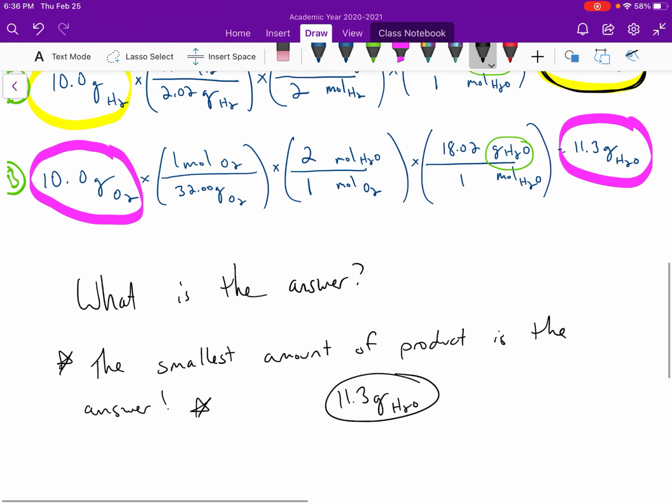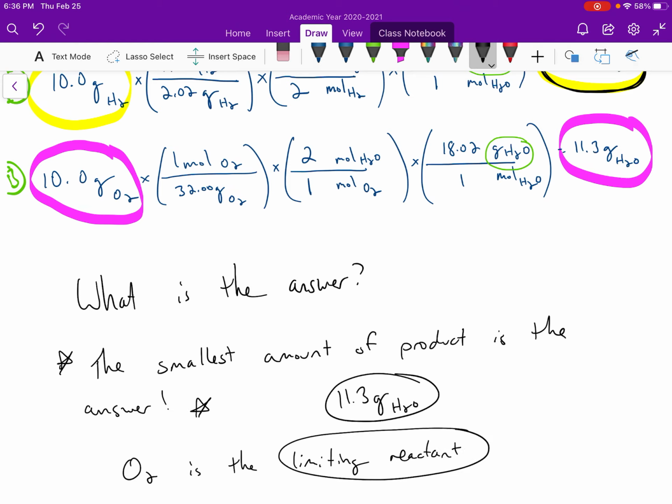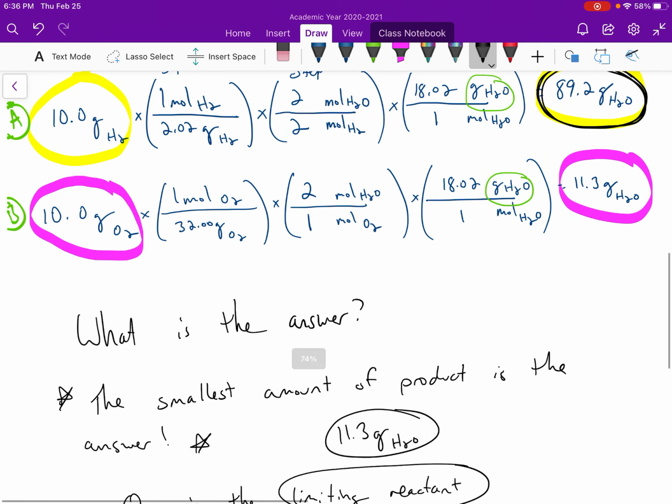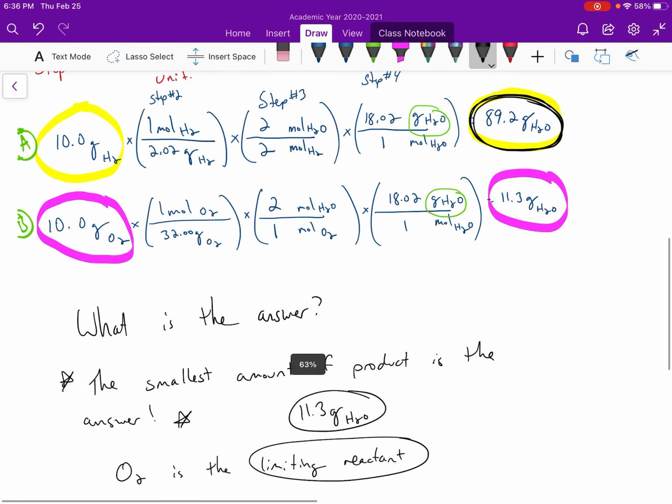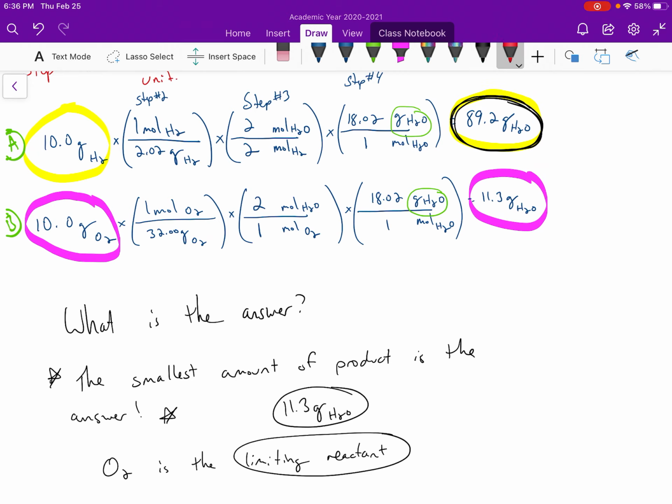And so what we do is we would say that oxygen is the limiting reactant. Oxygen is the limiting reactant. In other words, it is the reactant that is going to run out first, okay? So it's going to run out first. In other words, it's going to determine what our product is.